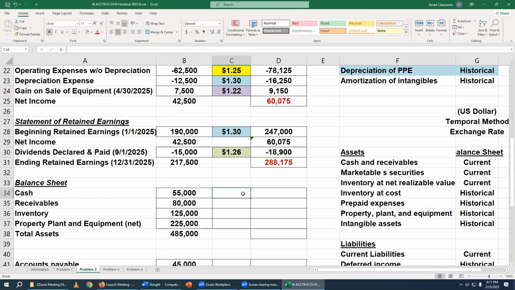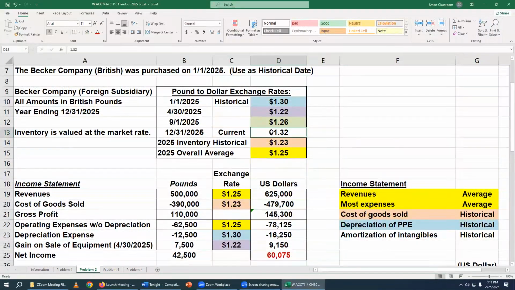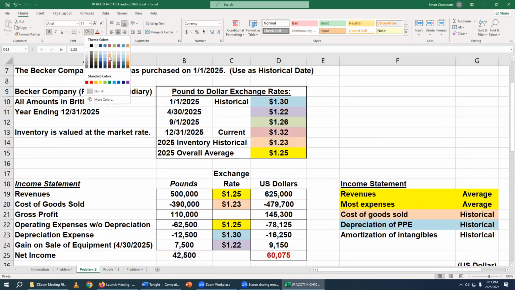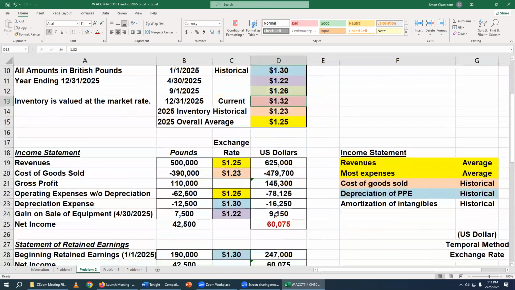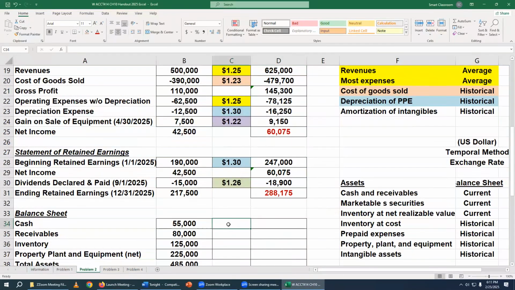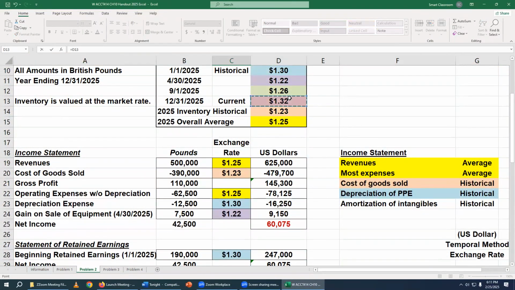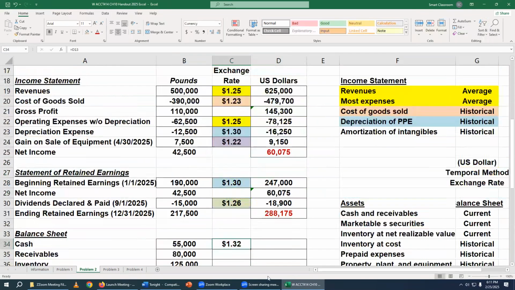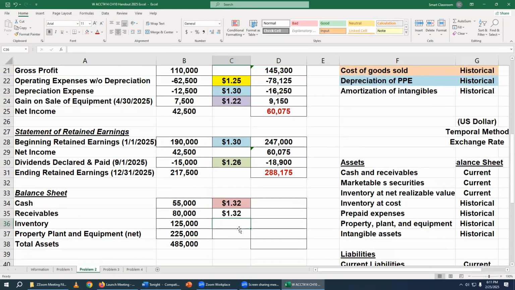Cash and receivables, those go on at the current rate, which is the ending rate. Receivables will be on at the same.